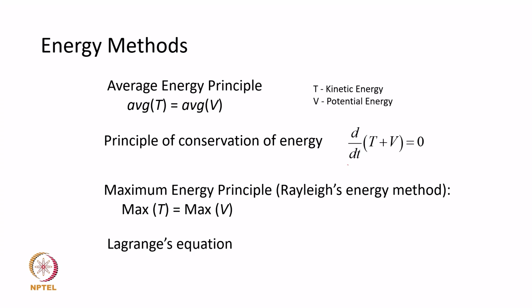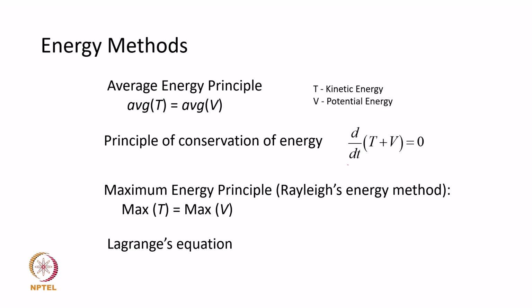And the last among all these energy based methods, which is much more comprehensively used and is the most elegant one, is applying Lagrange's equation, once we have again identified the expressions for the total kinetic energy and total potential energy of the system.